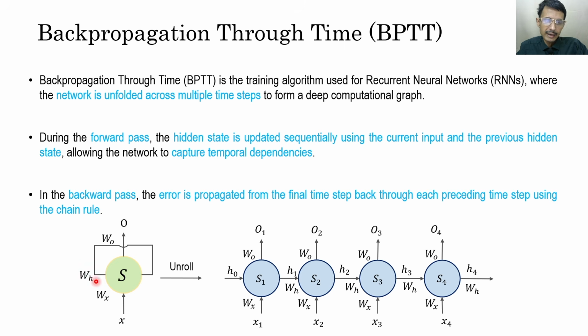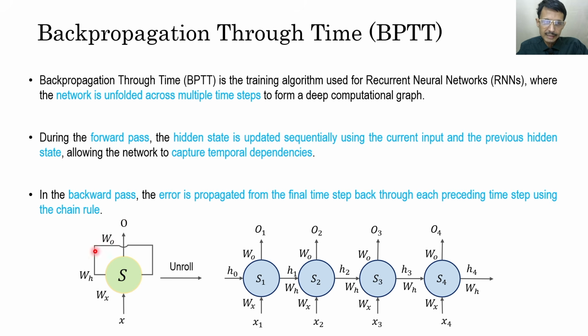Wh is another weight matrix, coming from the previous layer, the hidden input, and there is an output o, with Wo as the weight matrix of the output.